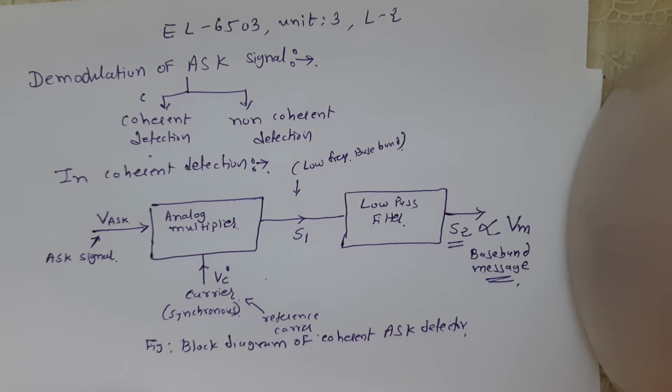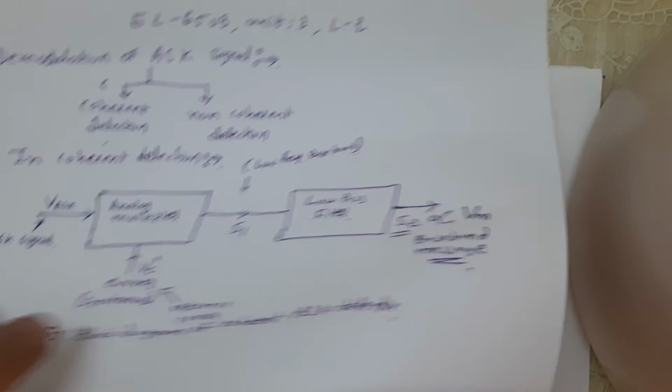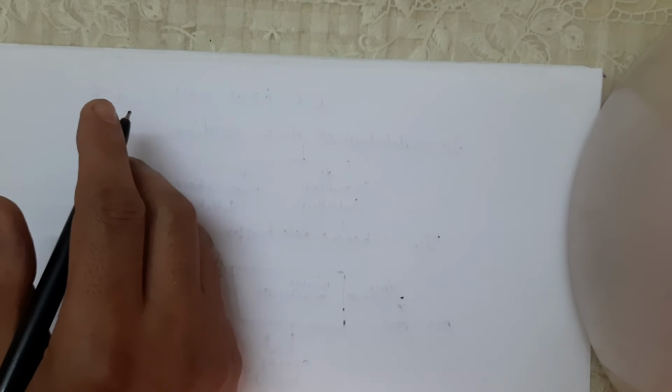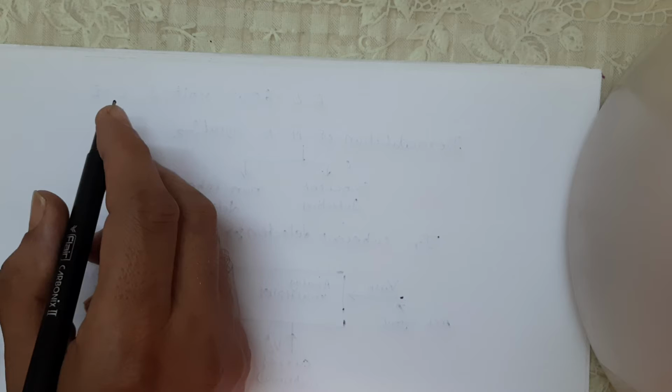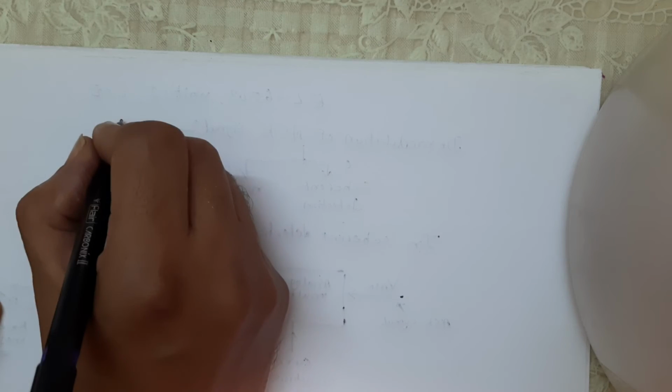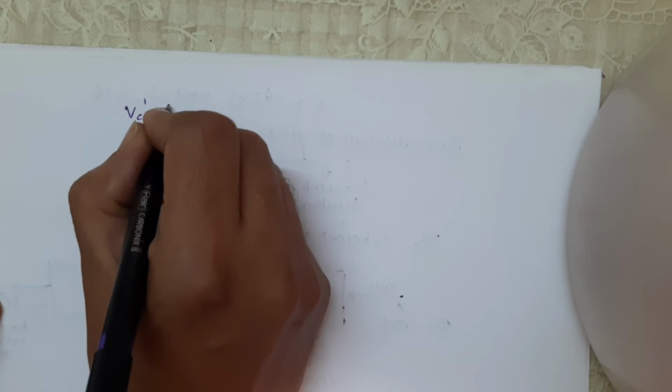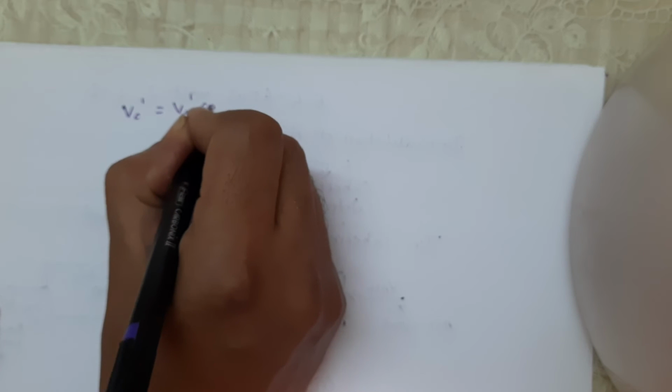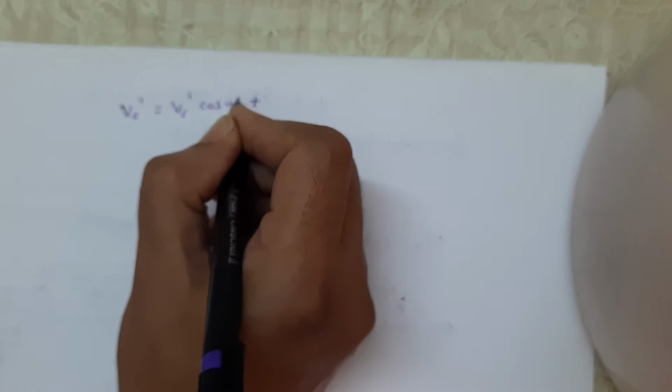Now, in equation form, let the synchronous carrier at the receiver be Vc dash cos omega Ct.